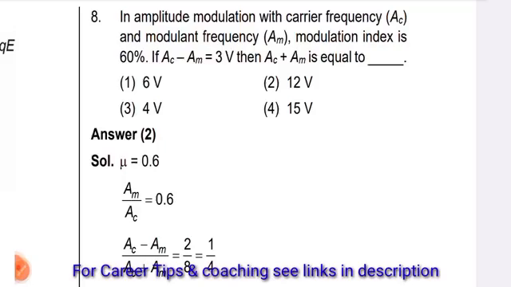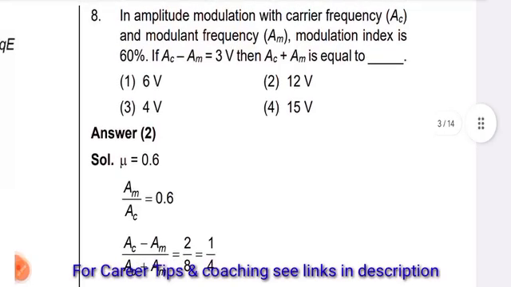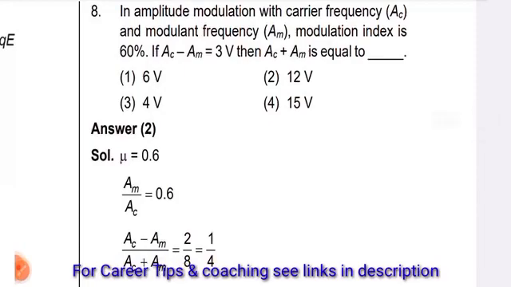The answer is 12 actually. So it is coming like amplitude modulation and frequency modulation. It's mentioned that the modulation amplitude AM upon the carrier amplitude AC is 60%, or you can say 0.6, and AC plus AM you need to find.